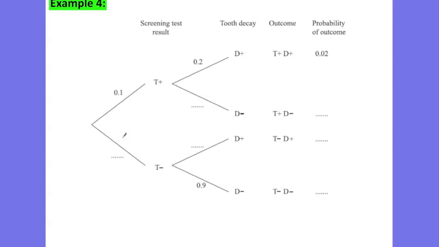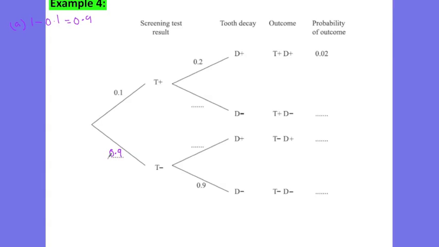And we know here that in the branches, these two must add up to 1. So the answer to part A is 1 subtract 0.1, which is 0.9. Again, we can put that on the tree diagram. You can express it as a fraction, 9/10, or as a percentage, 90%.